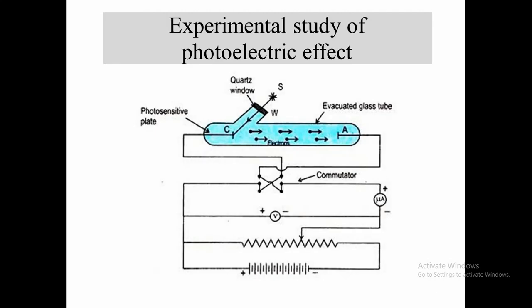Now we apply the negative potential on the plate A with respect to the C. We will notice that the photoelectric current decreases.